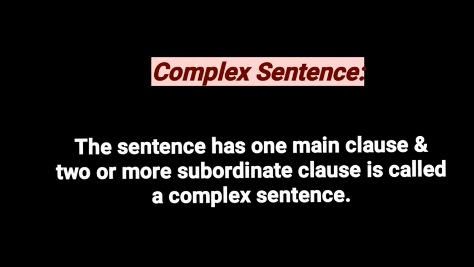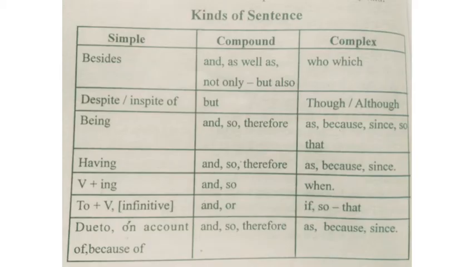With the help of the following words, we can identify or create a complex sentence: who, which, though, although, as, because, since, so that, when, if. This chart will help you in interchanging simple, compound and complex sentences.